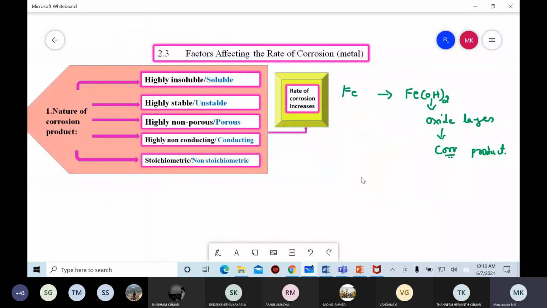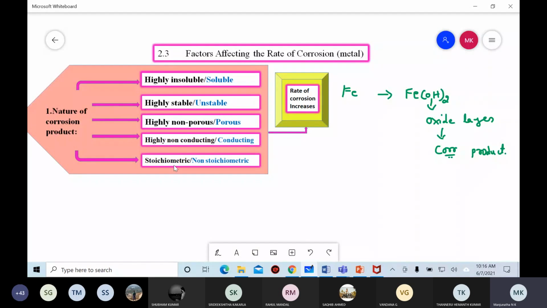Whatever oxide layer is formed on the surface of the metal when it is exposed to the corrosive environment is called a corrosion product, and two types of corrosion product are observed. First, the corrosion product is insoluble, stable, non-porous, non-conducting, and stoichiometric in nature.